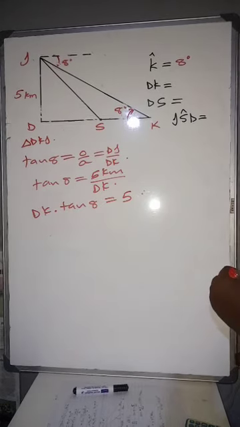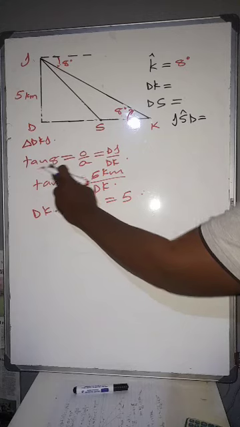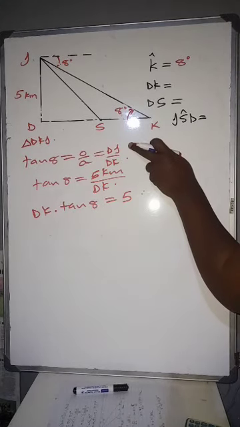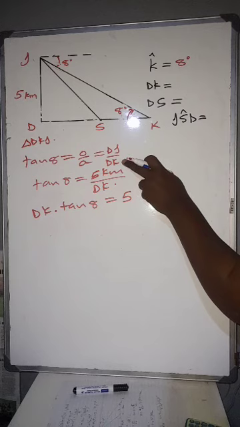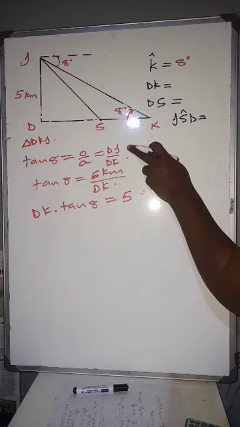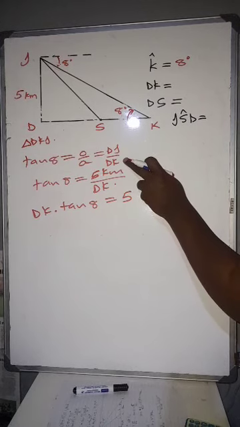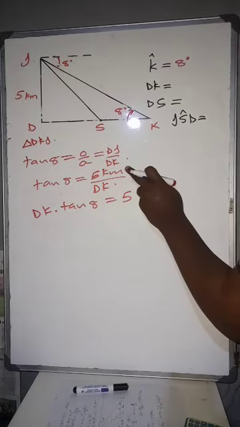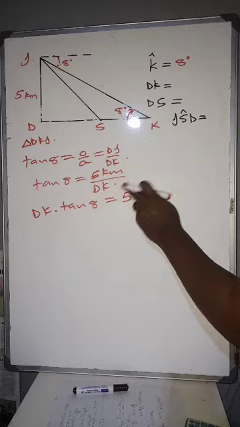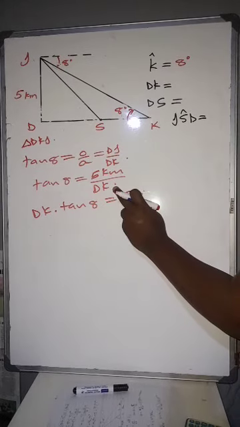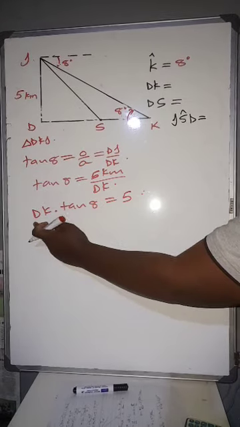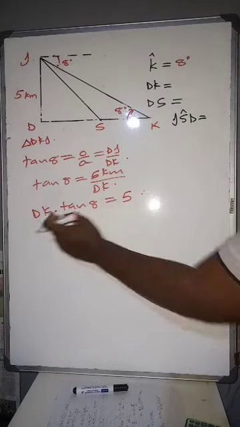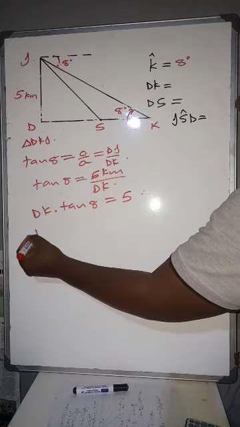That was a mistake. So tan 8 is opposite over adjacent, which is equal to DJ over DK. We are given DJ there as 5 kilometers, and we are looking for DK. So your tan 8 is equal to 5 over DK. Your DK is dividing, it goes to multiply on the other side. Now our tan 8 goes to the right because we have to isolate this DK.